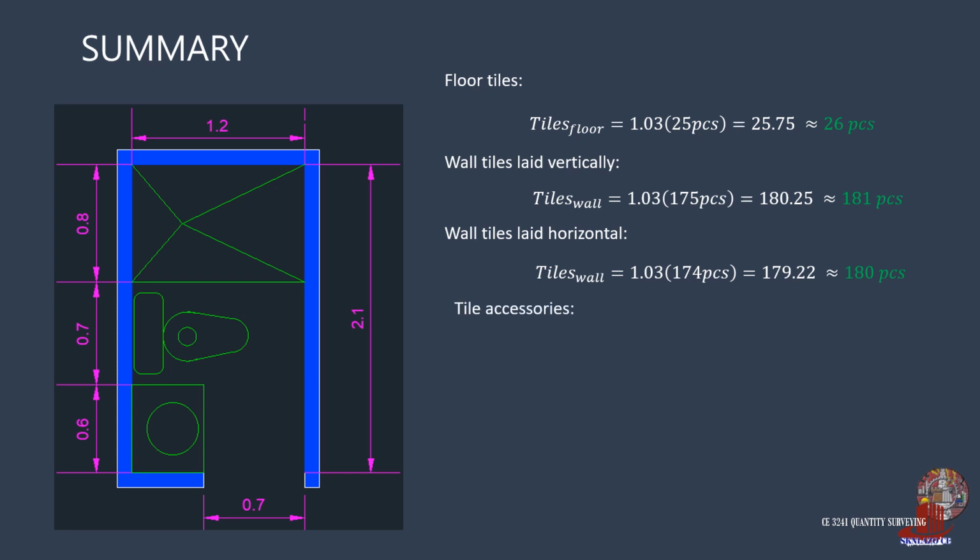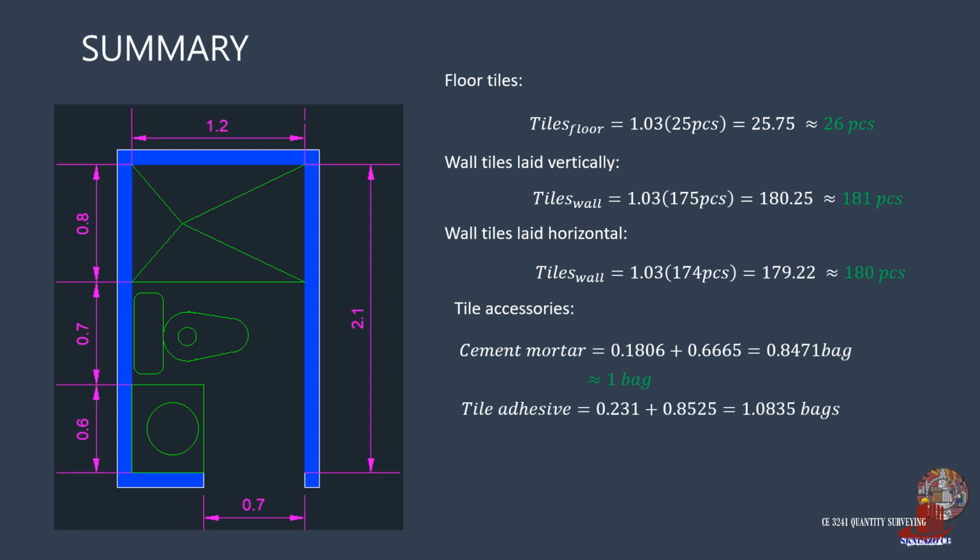For the tile accessories, the total cement mortar is 0.847, rounded as 1 bag. The tile adhesive is 1.0835, rounded as 2. Then the joint filler becomes 4.925, rounded as 5 bags.